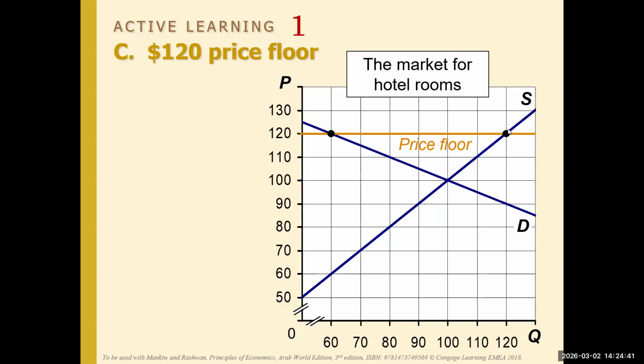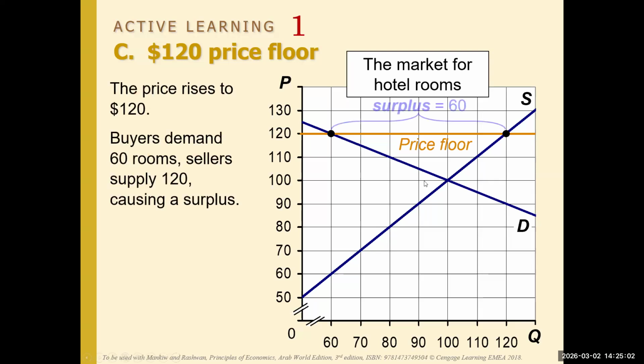But supply will be very high. All these new hotel companies will come in and start hotels, so supply is 120. Only 60 is demanded because it's too expensive, because the government made a law to make it expensive, right? So there will be a surplus of 60. There are empty rooms. Nobody is taking the room because the price is too high.